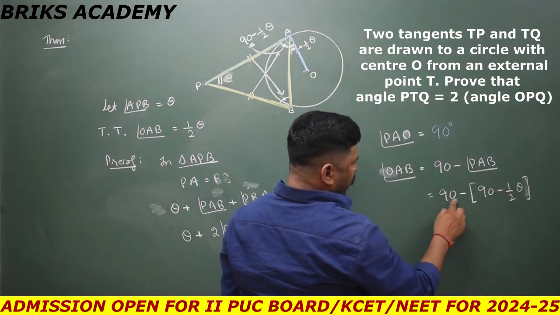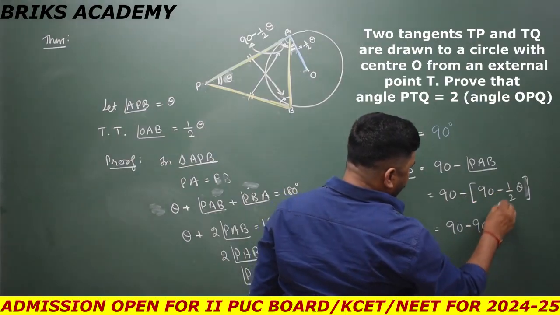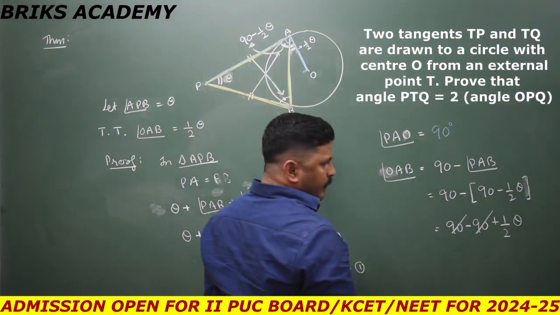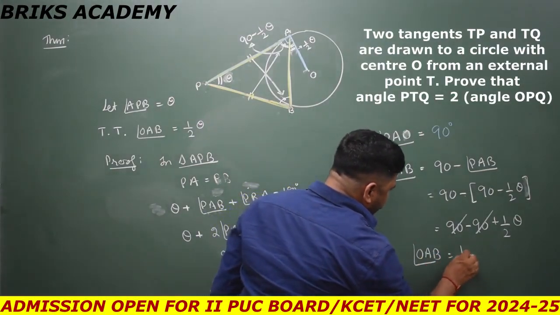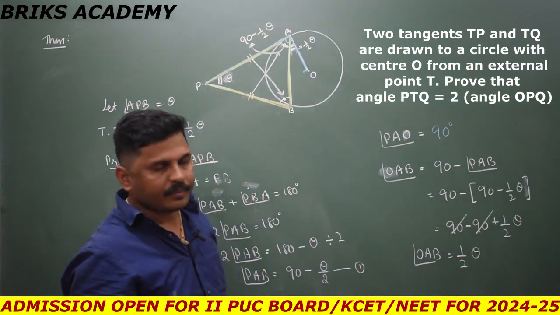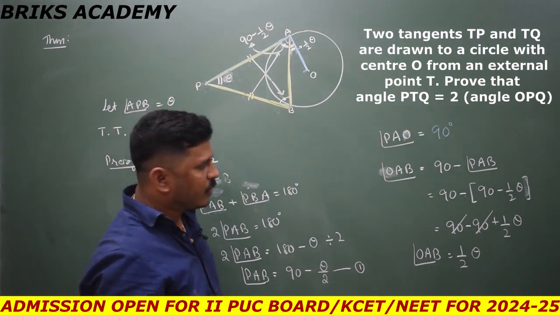Which is equal to 90 minus 90 plus half theta. Is OAB equal to half into theta? Yes? Is it equal to half into theta? Is it clear or not?